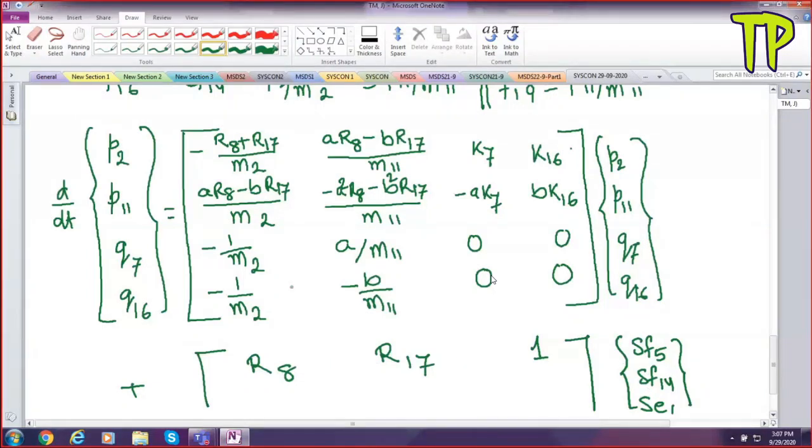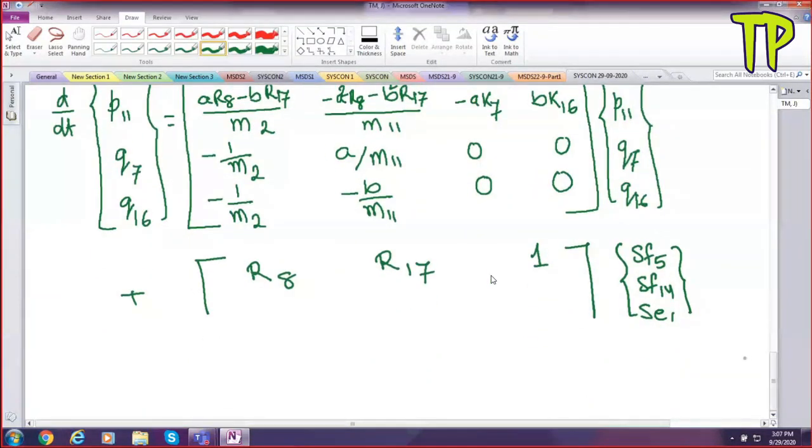Okay? So the previous matrix was a square matrix, 4 cross 4, because we have 4 states. In this matrix, we will obviously have 4 equations, so 4 rows will be there, and the number of columns will be equal to the number of sources. So let's keep space for 4 rows and 3 columns.